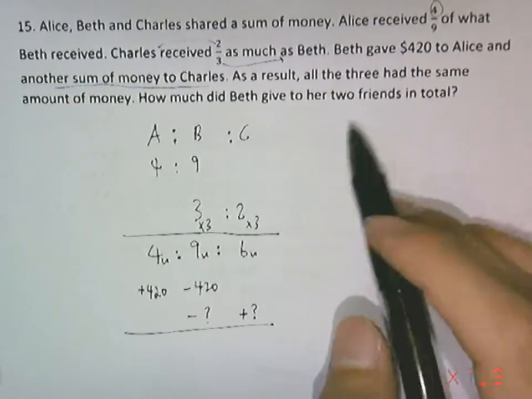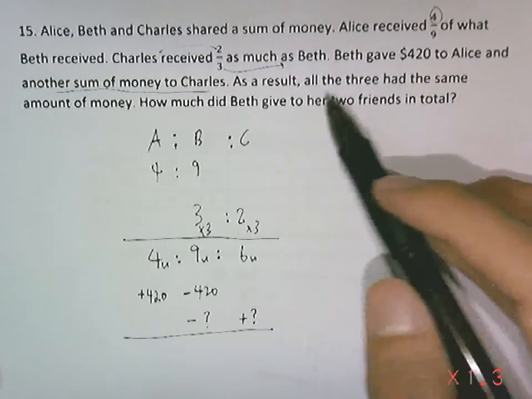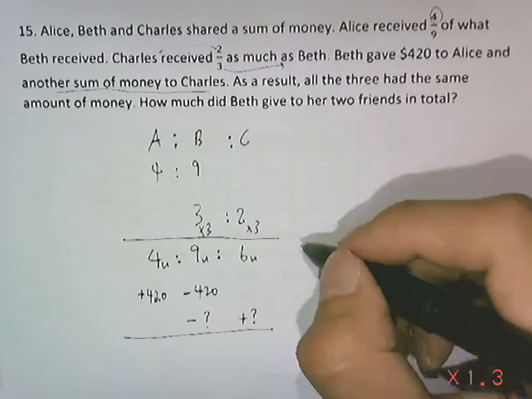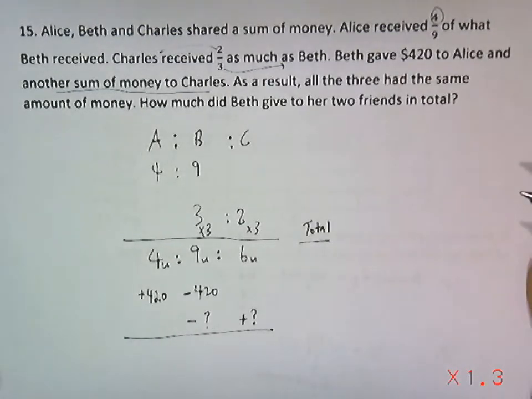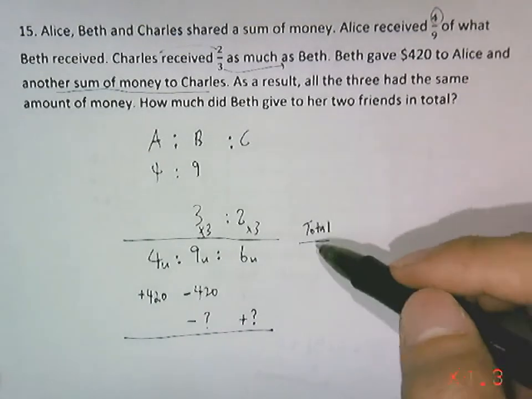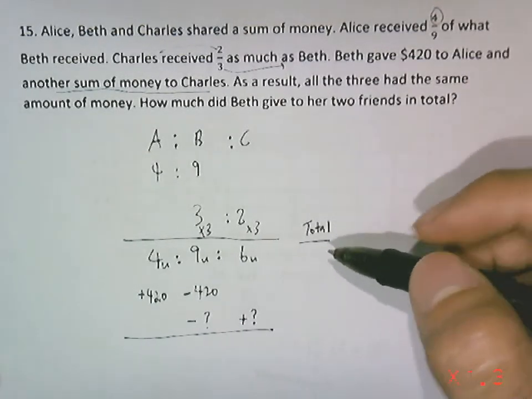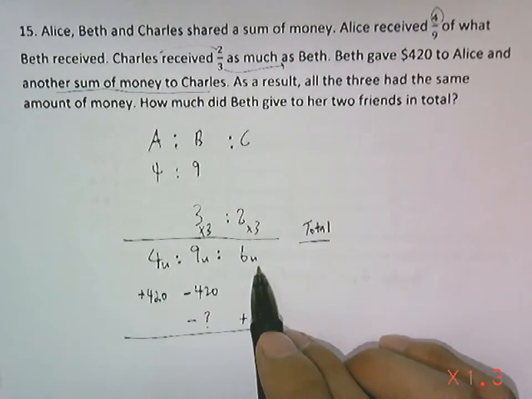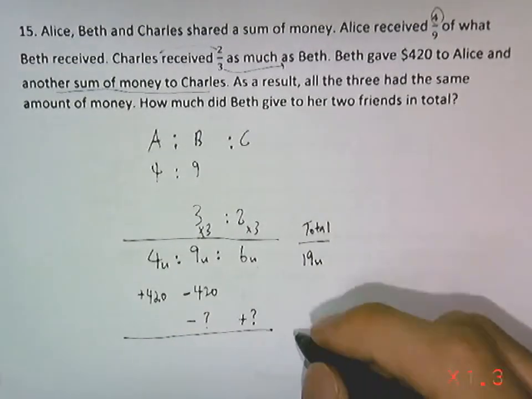Since they are transferring money between the three of them, the total should stay the same no matter what. Since none of them spent their money or was given money, there's no external change. The total number of units representing the total amount of money should be the same before and after.